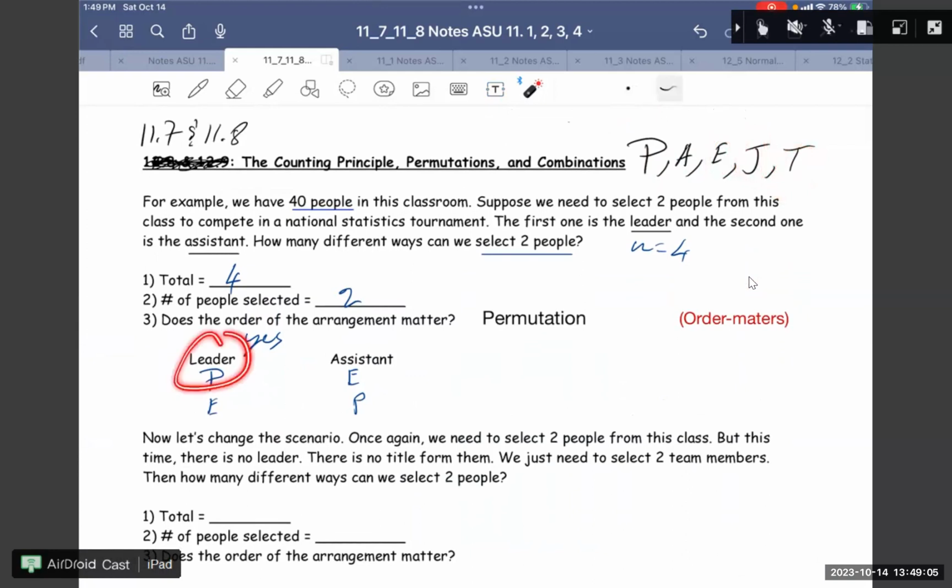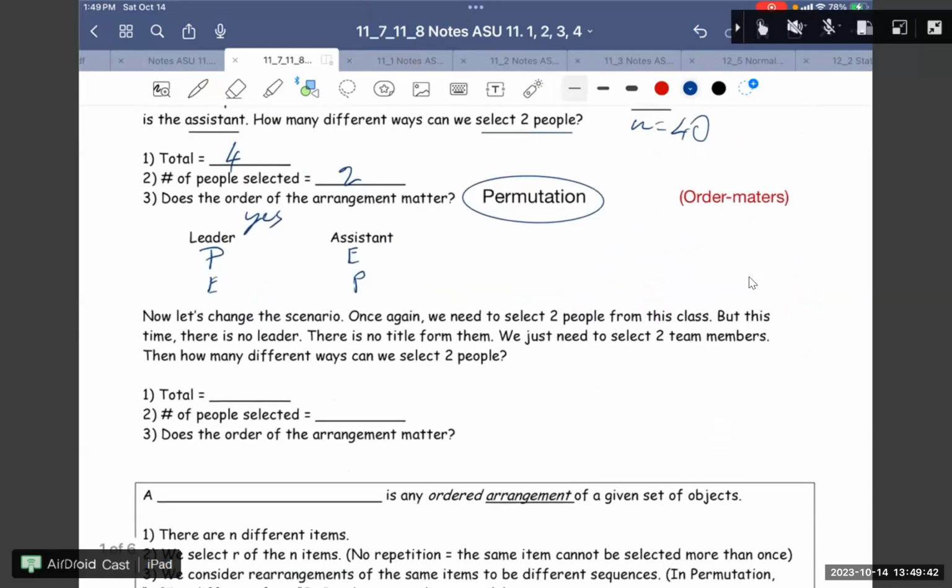So if we select the leader, for example Aaron, then we have another one. It must be 40, so if we select one person here, we have only 39 more to select for assistant, right? So this is the order matters, the permutation.